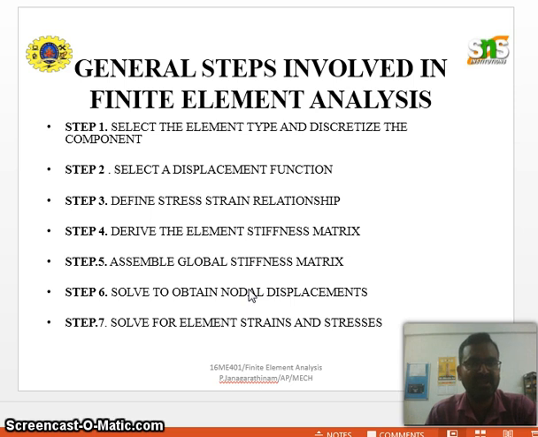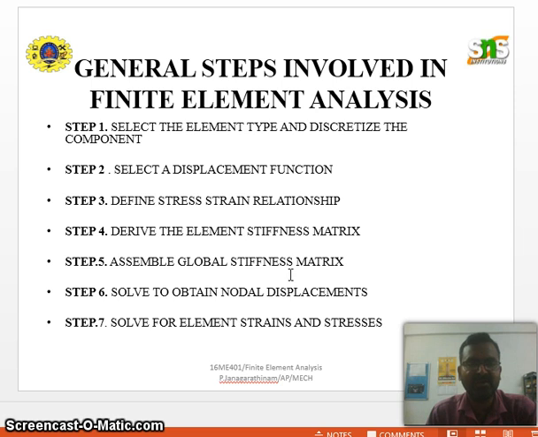If we select the beam element, we select the beam element type. The second step is the displacement functions. We have to select the displacement functions like u1, u2, based on how many elements we have. Based on the element split-up, we have to calculate the displacement functions.